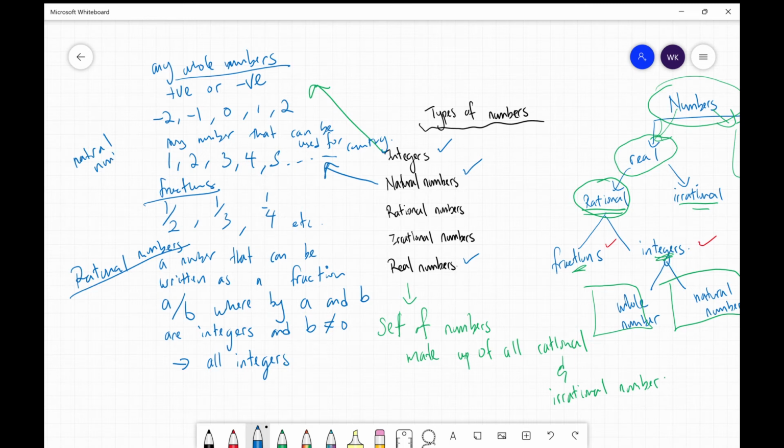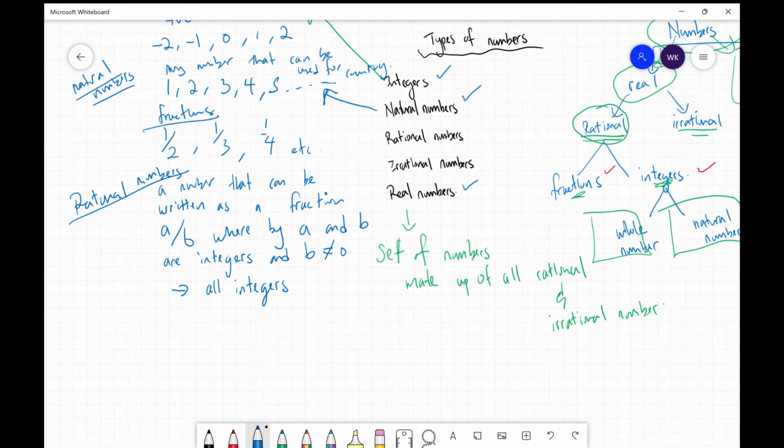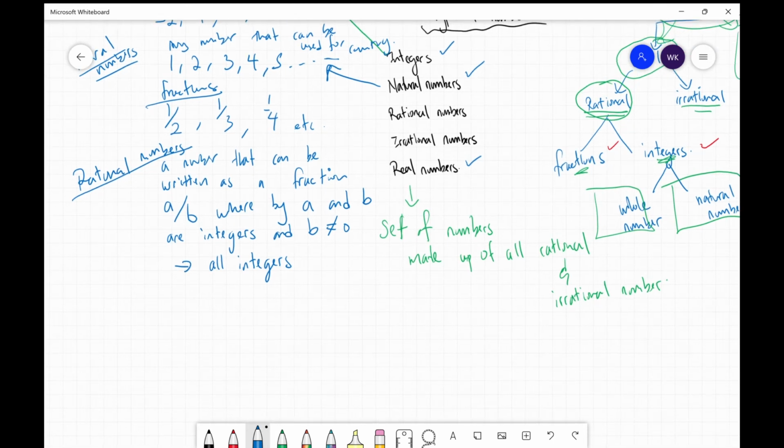Natural numbers. So yeah, back to rational number. All integers. So all terminating decimals. So any decimal number, let's say 1.234, and then that's it. Then for this example, it can be written as 1234 over 1,000. So it's still a fraction.